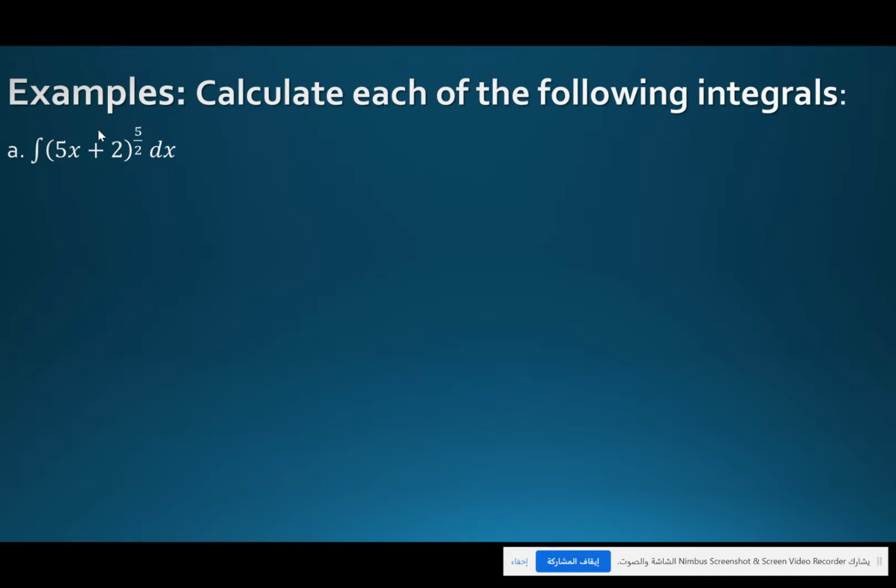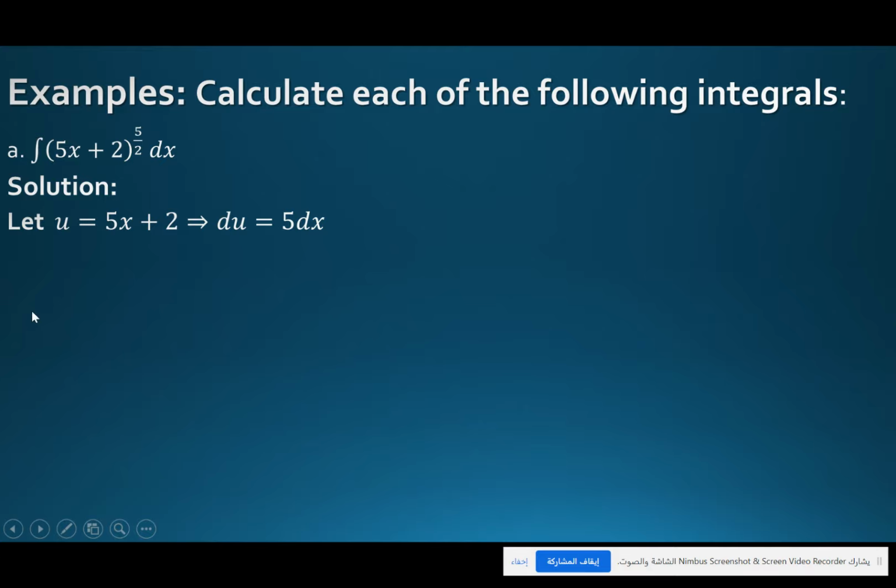Now, I can see that the derivative of what is inside is not beside it. Because of that, you are going to substitute in this way. Watch it. You are going to let, by using any letter, you can use u or t, y, z, any letter you would like to.